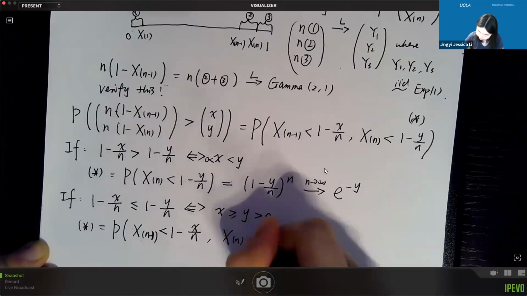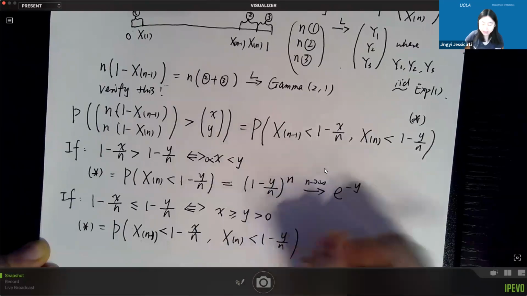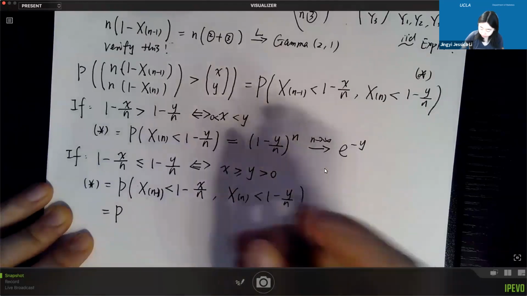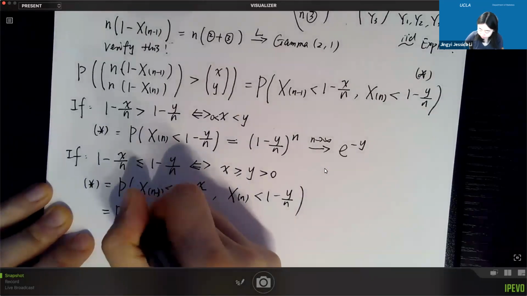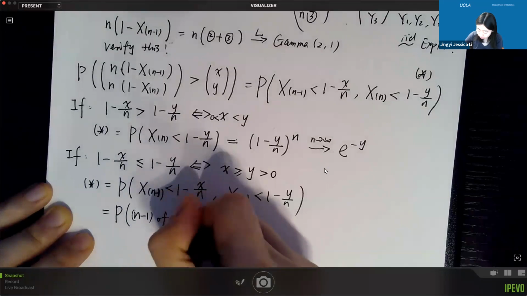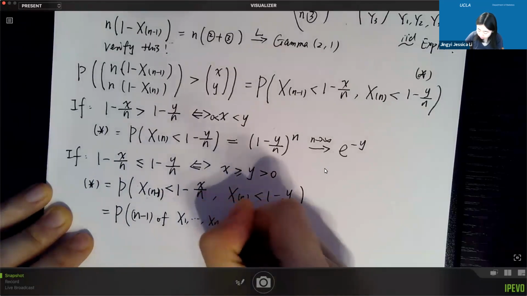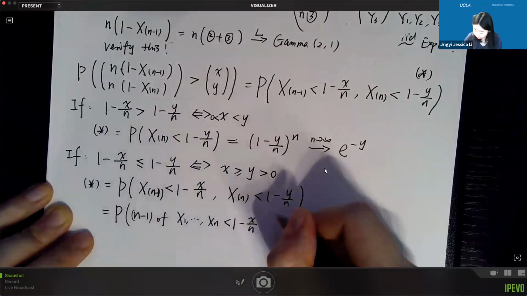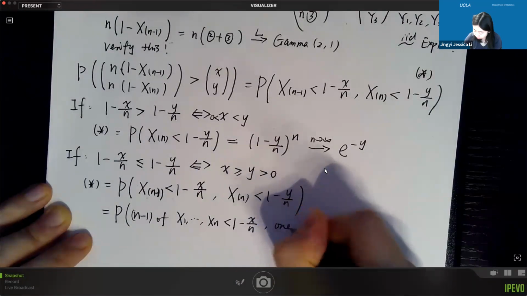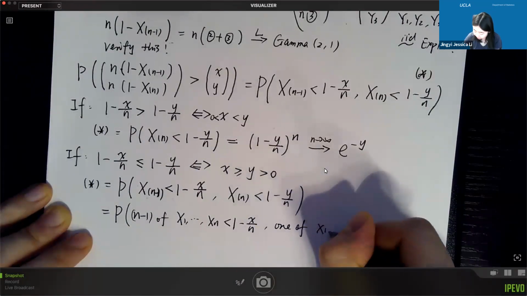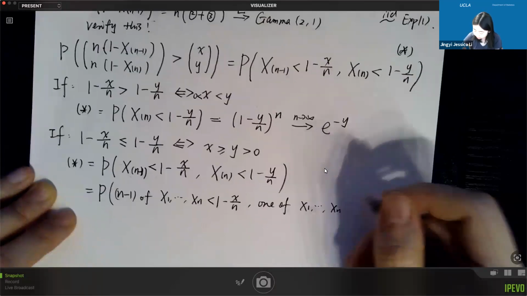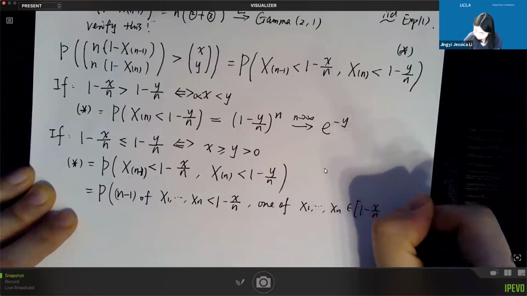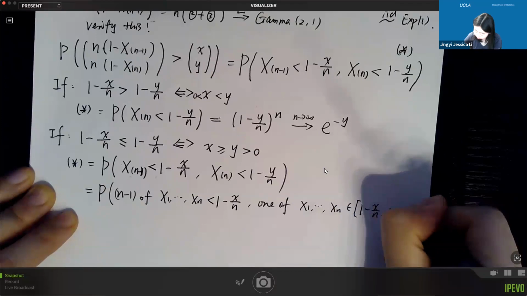So what we can say is that out of our x1 to xn, we have n minus 1 of x1 to xn less than or equal to this, and we have 1 of x1 to xn between 1 minus x over n and 1 minus y over n.